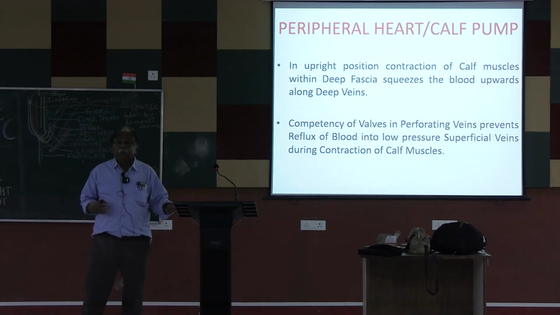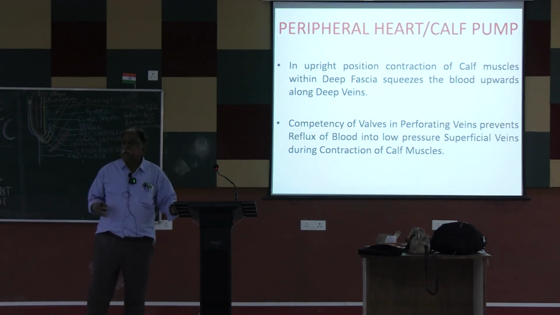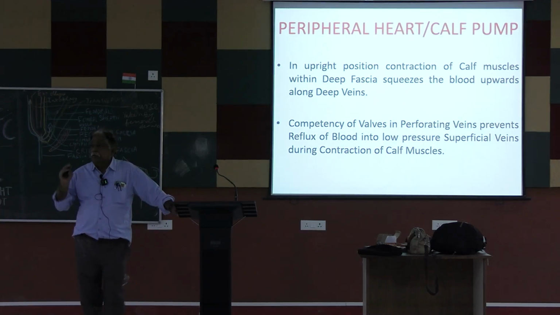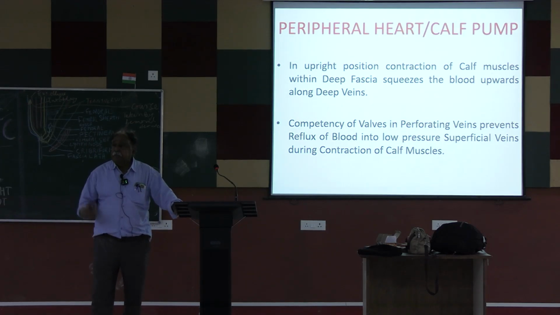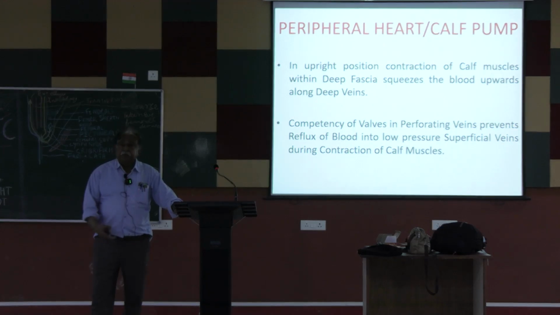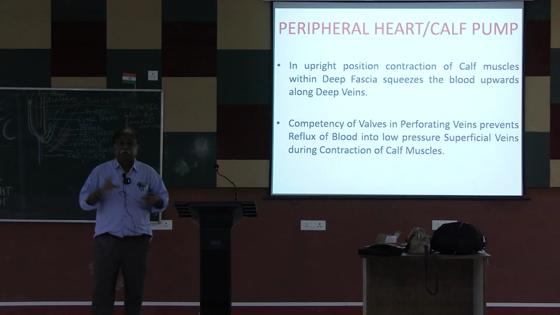You just remember that the basic thing is that in the lower limbs, the vessels, the circulation, whatever it is, the venous drainage and the arterial supply, depend on the muscles.